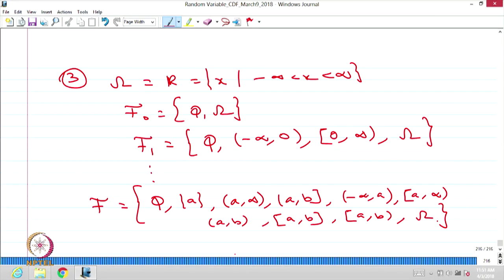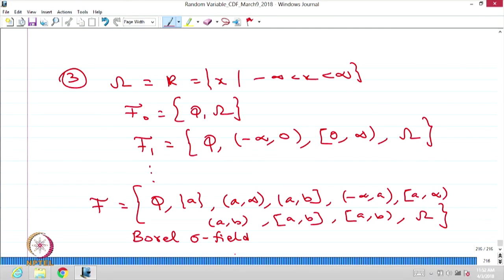These different forms will form a collection that is going to be the largest sigma field over omega, where omega is the real line. The special name for this sigma field is the Borel sigma field. This is the Borel sigma field on the real line.